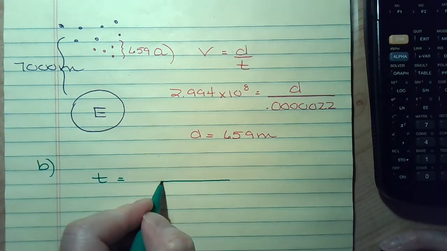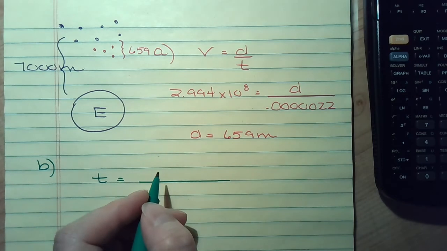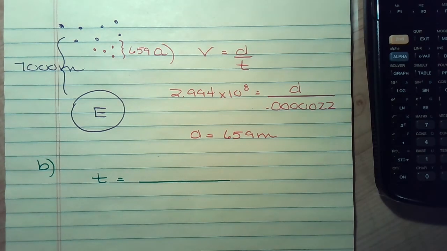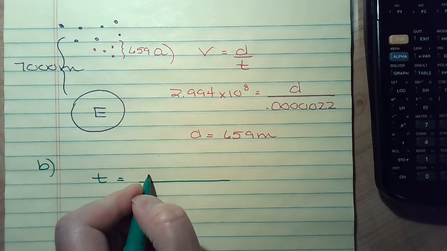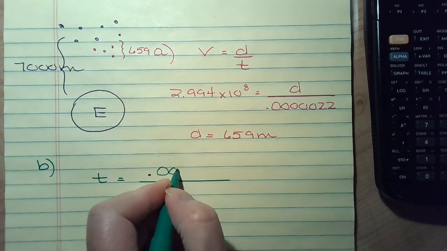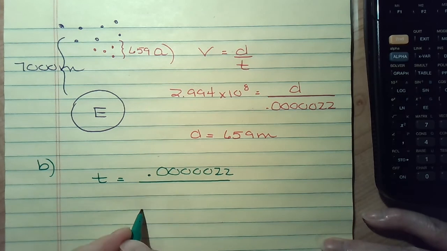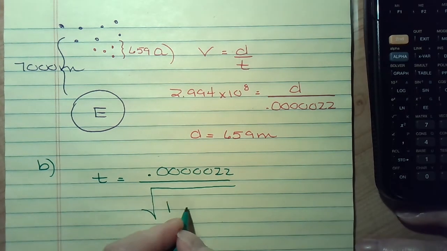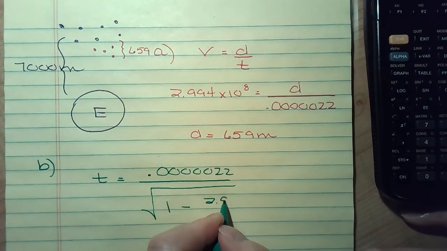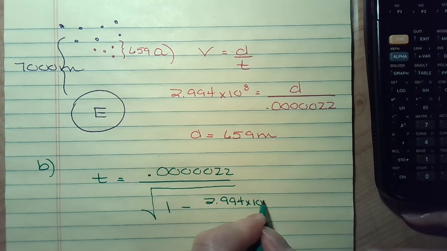So we can number crunch this one. So we have 2.994 times 10 to the 8th times 0.0000022, which gives 658.68. I'm just going to round that off to 659.